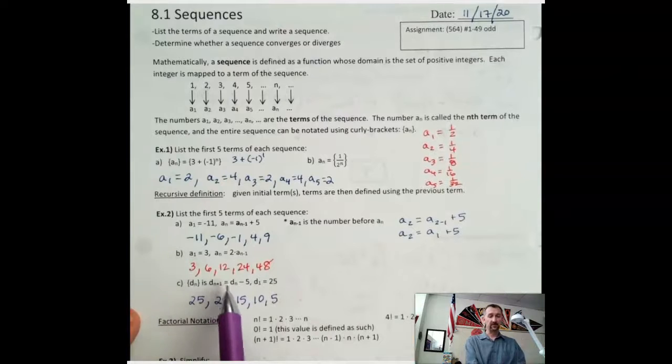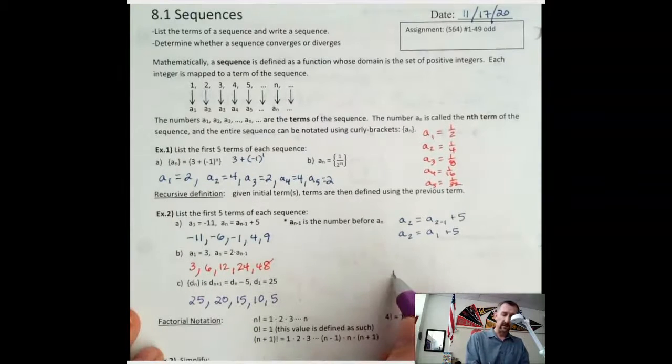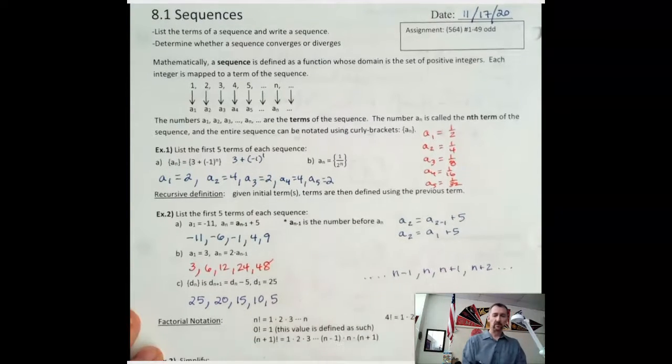It's the same relationship. n is 1 past n minus 1, n plus 1 is 1 past n. If you think about it, it goes n minus 1, n plus 1, n plus 2, n minus 2, etc.